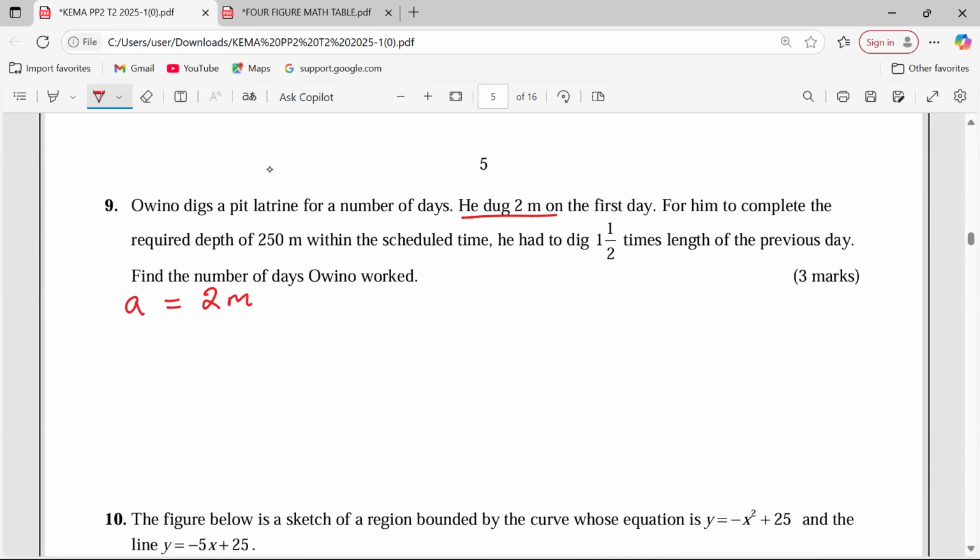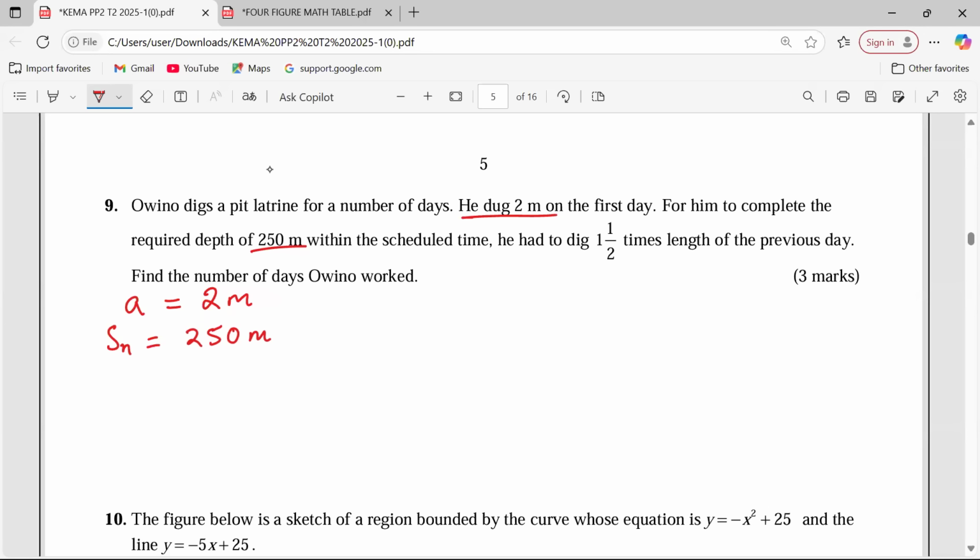Then he needs to dig up to a total of 250. So 250 is not any other term, but the sum of a given number of terms, totaling 250 meters. So he should dig until the total length totals to 250 meters within a given number of unknown days.